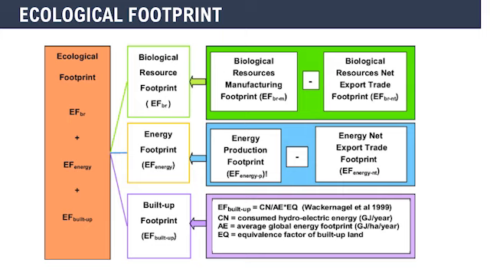The sea, the biologically productive sea surface used by humans for fish and shellfish. And built-up area, this is the area occupied by buildings and therefore not biologically productive. And energy is the area of forest needed to absorb CO2 emissions from the burning of fossil fuel. So this is the way that it can be calculated.